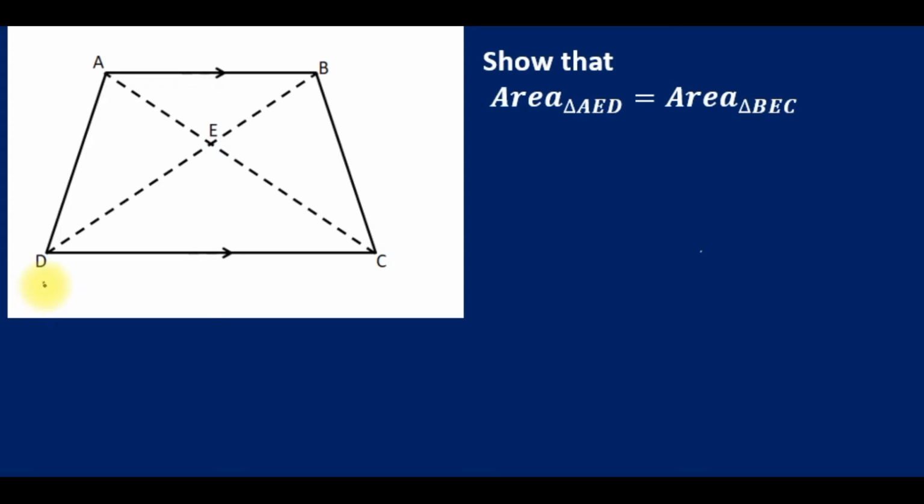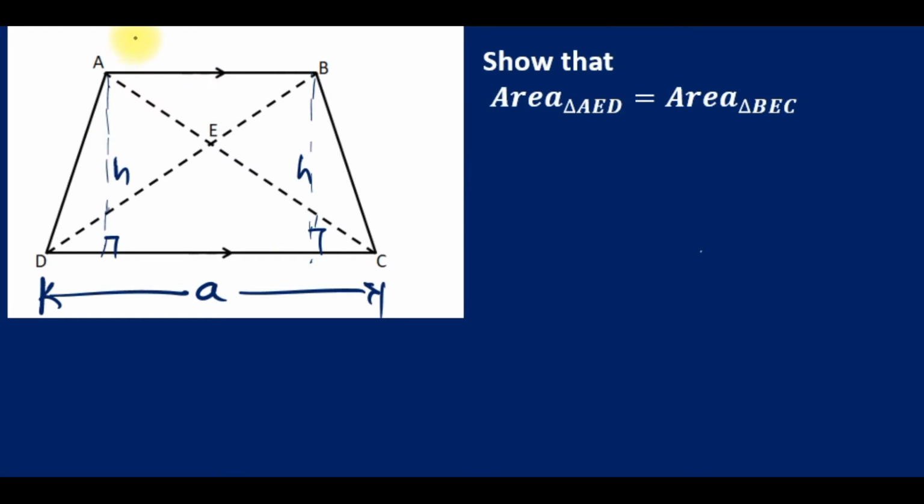Let's label DC as A. This is H, and this is also H from the same point.